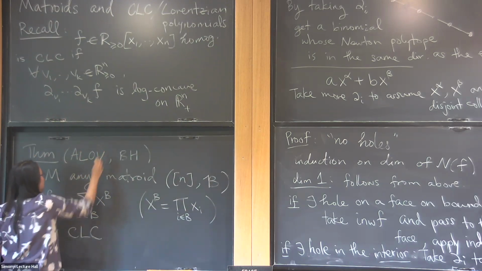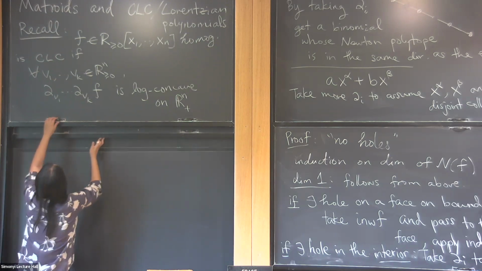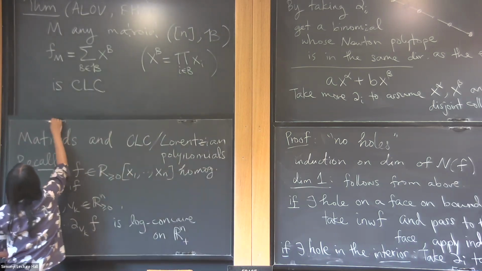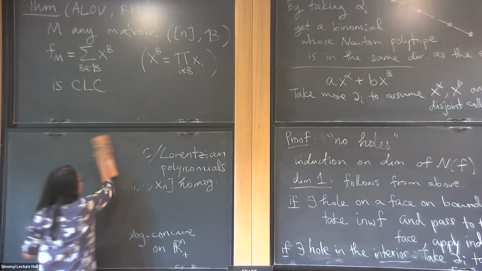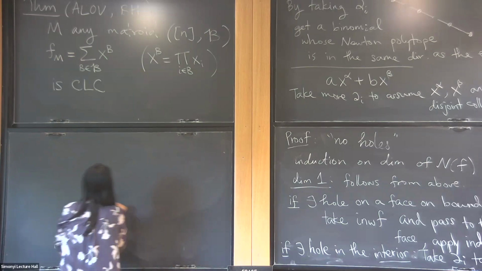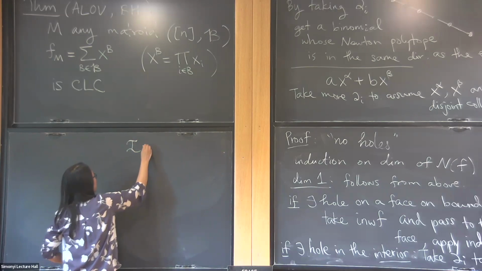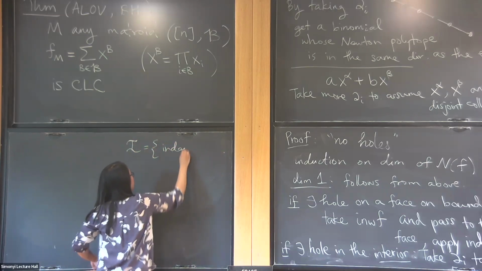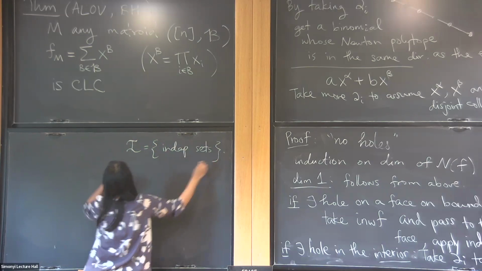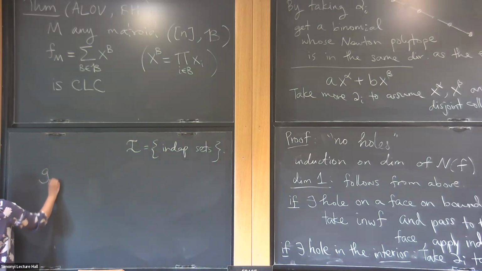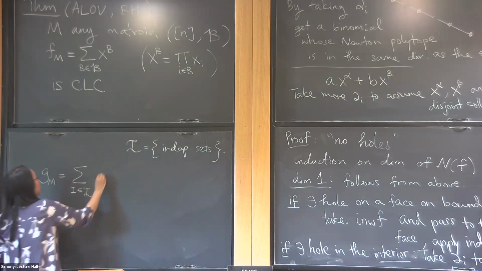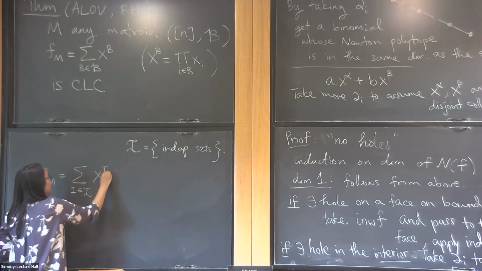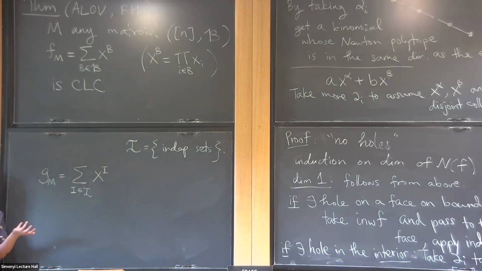Moreover, if script I is the collection of independent sets of the matroid, you want to look at the independent set generating function, the sum of x^I, but the trouble is that this is not homogeneous because independent sets can have different sizes.